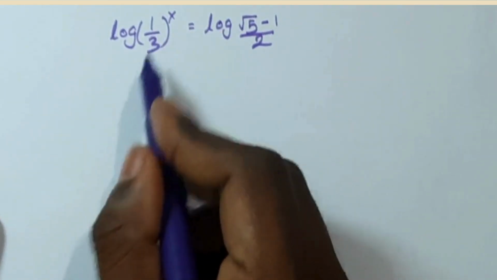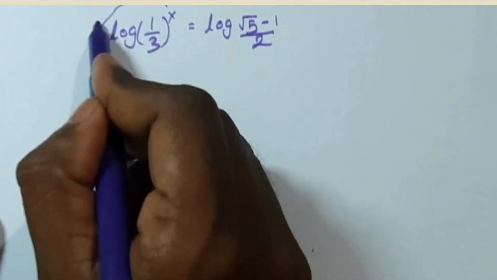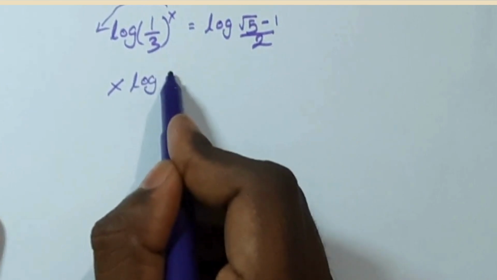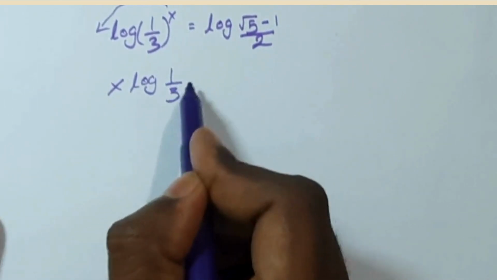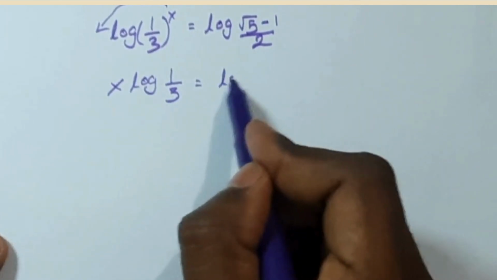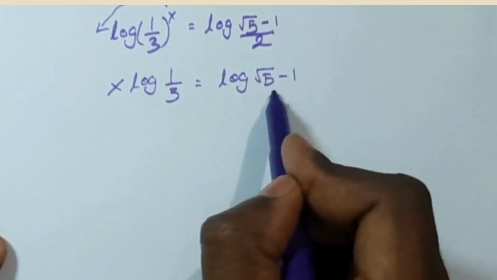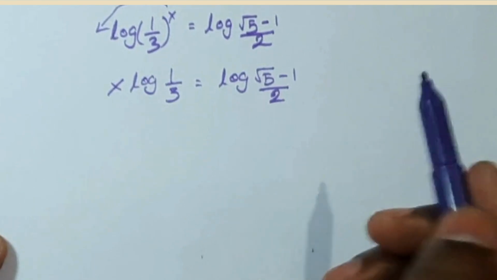According to the power log formula, this x will come here. So x log 1 by 3 equal to log square root of 5 minus 1 by 2.